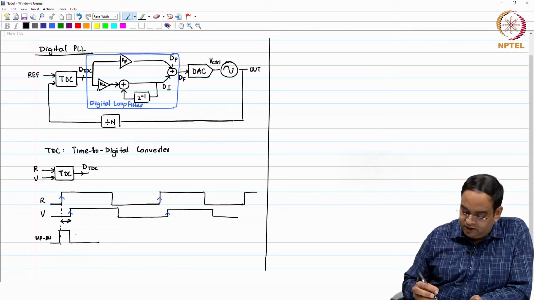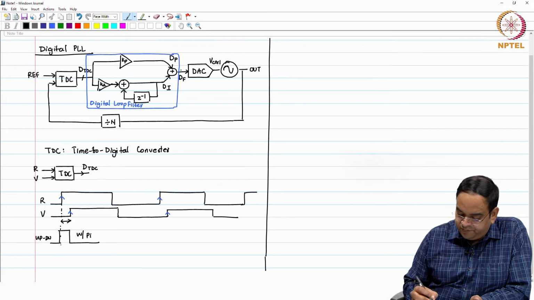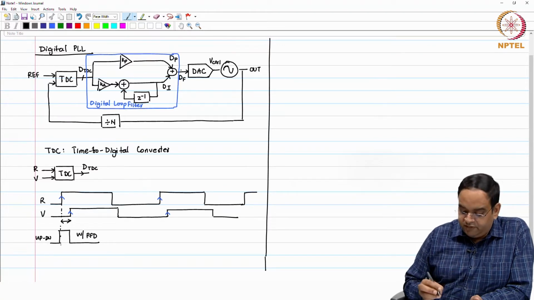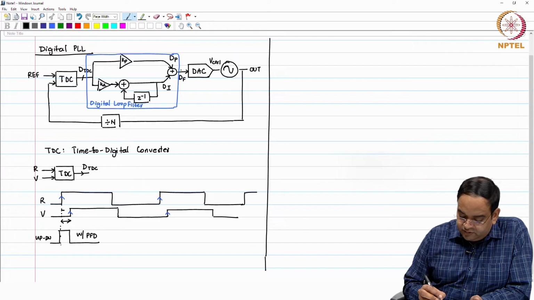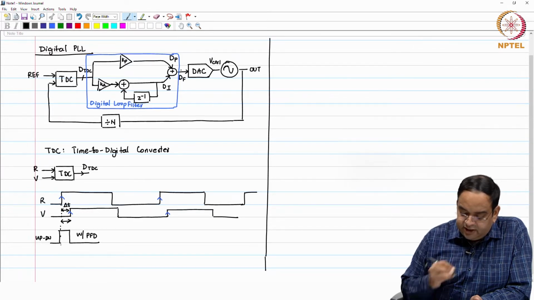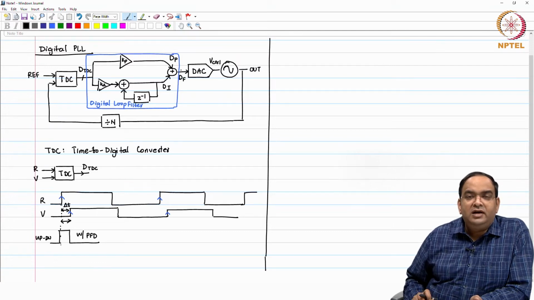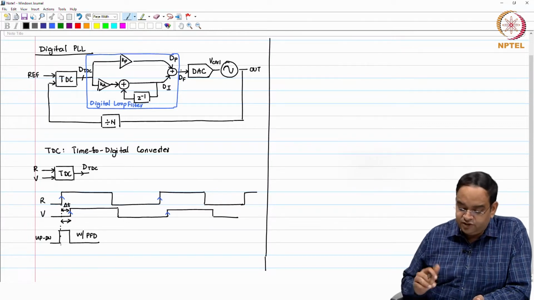Now, we do not have the PFD. What we want to do is use this delta t time and convert it into its digital equivalent. That is what TDC is doing.